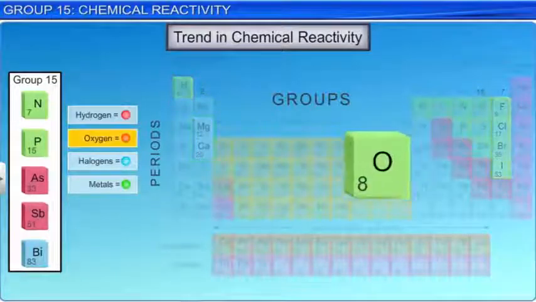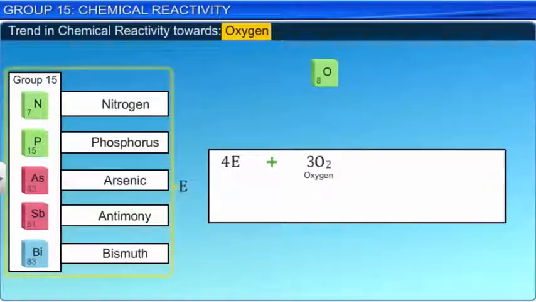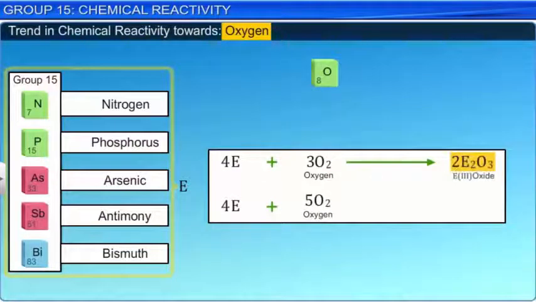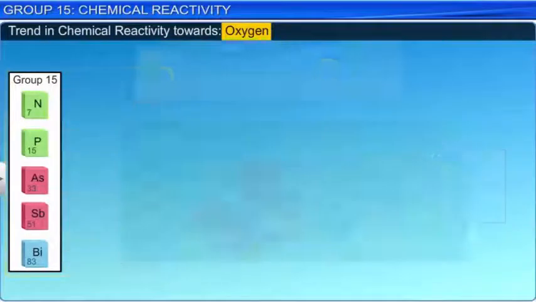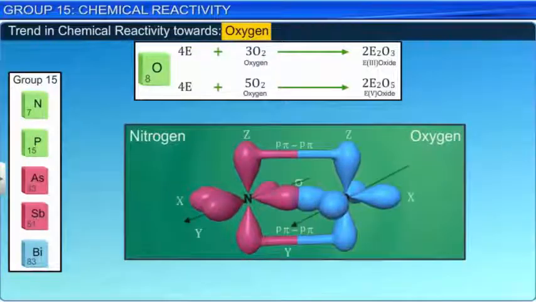Group 15 elements form two types of oxides, that is, E2O3 and E2O5. You know that nitrogen shows a strong tendency to form p-pi bonds with oxygen. As a consequence, nitrogen forms a wide range of oxides.